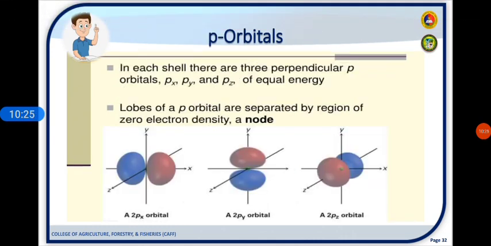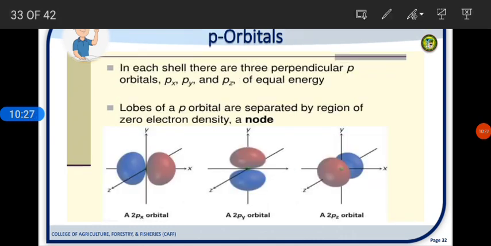Now for the p orbitals, we have 3 kinds: the px, py, and pz. So this is the px, py, and pz. That is their orientation. And the lobes of a p orbital are separated by a region of zero electron density called a node.